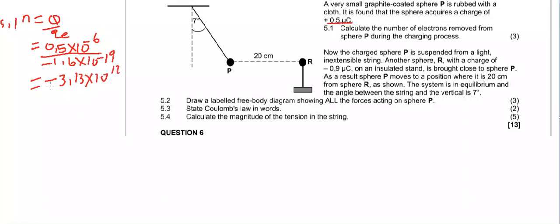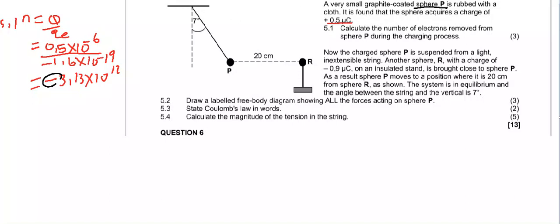So since there is a negative, this negative tells us that the graphite-coated sphere P has lost electrons.